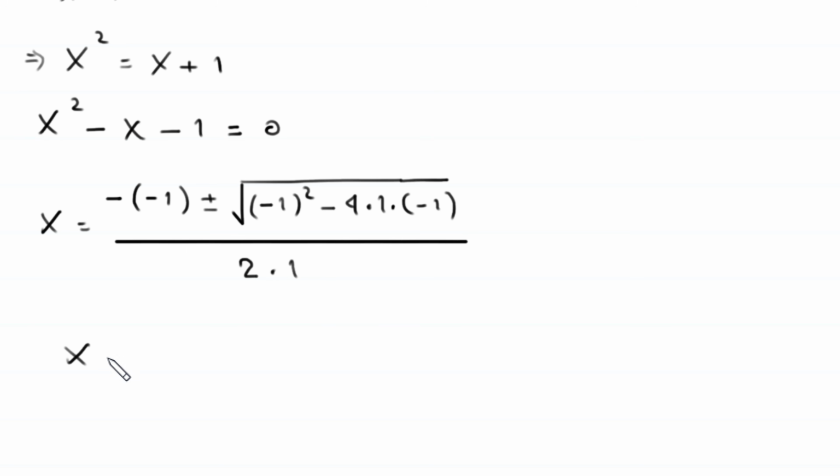Next, x is equal to negative times negative 1 will become positive 1 plus or minus square root of, this negative 1 squared is 1, and negative 4 times 1 times negative 1 will become plus 4, divided by 2 times 1, 2.